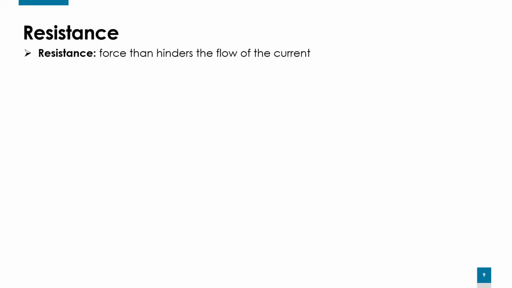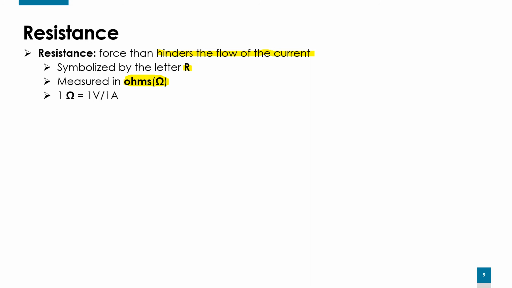So resistance, just to summarize, is the force that hinders the flow of the current. It's symbolized by the letter R, and it's measured in ohms. This Greek letter here means ohms. 1 ohm is 1 volt per 1 ampere.